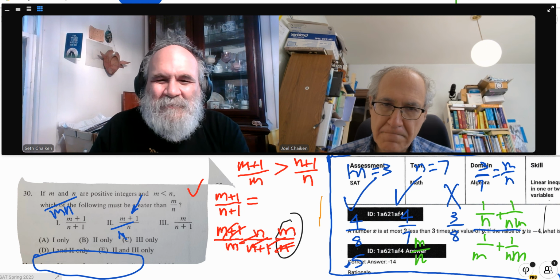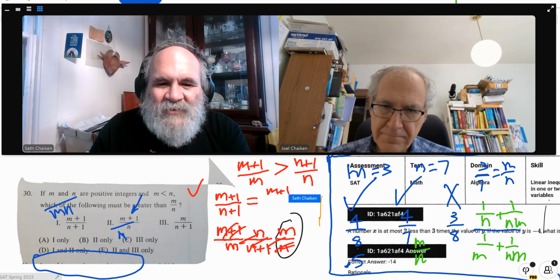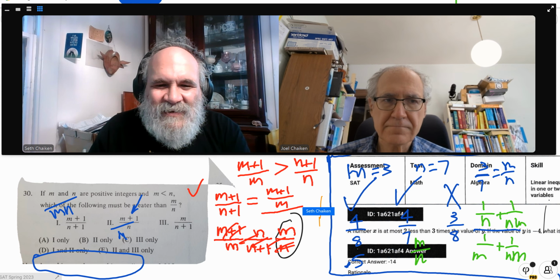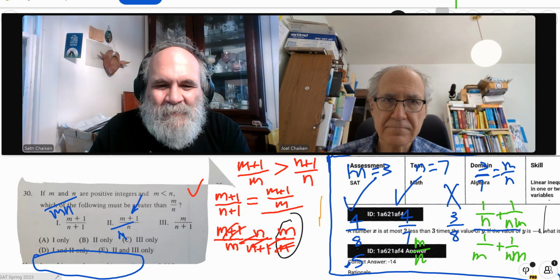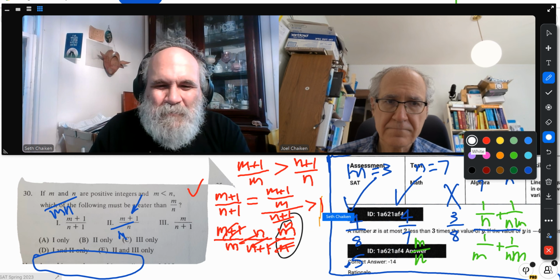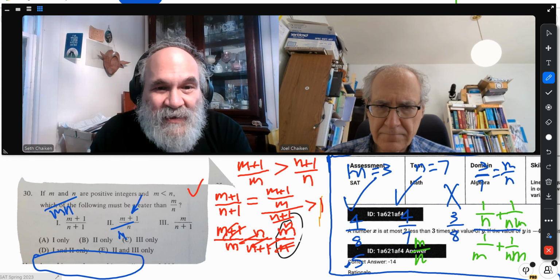And therefore, the ratio of these two, m plus 1 over m and n plus 1 over n, is greater than 1. All right? And then multiply top and bottom by m over n.